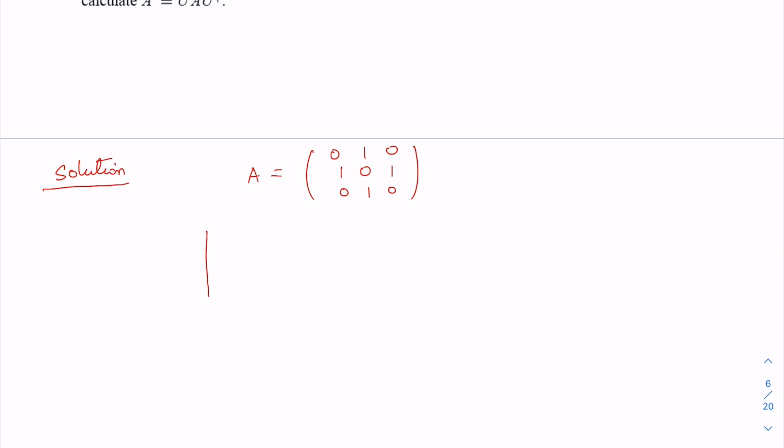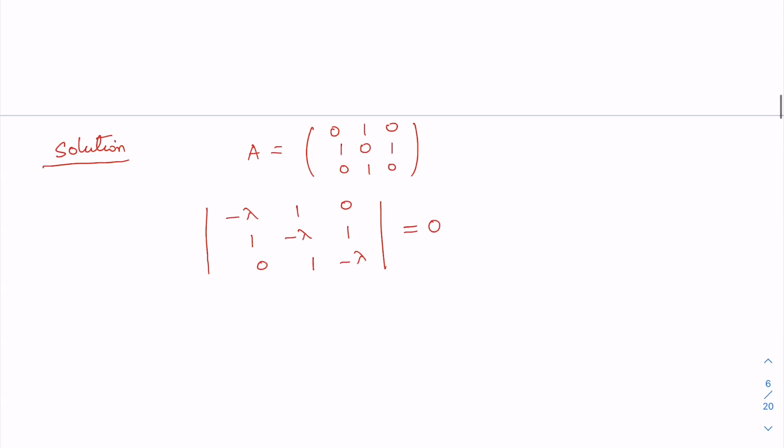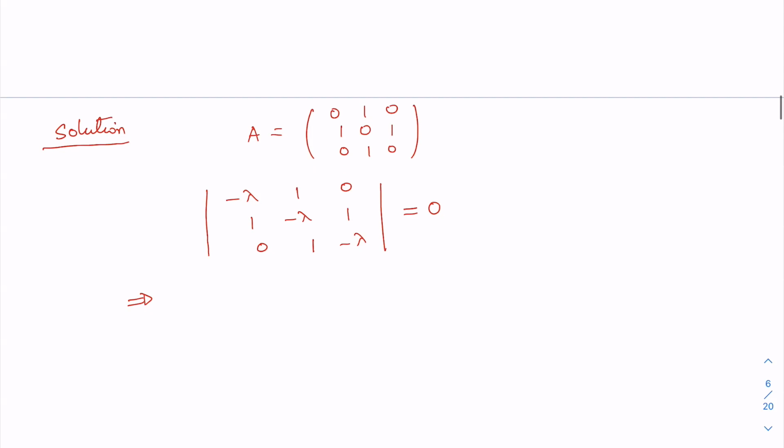You just have to solve this determinant, that is, here it is minus lambda, 1, 0; 1, minus lambda, 1; 0, 1, minus lambda. This is equal to 0, and if we solve it, you will get lambda into lambda squared minus 2 is equal to 0.